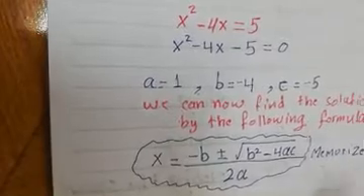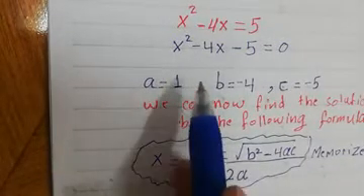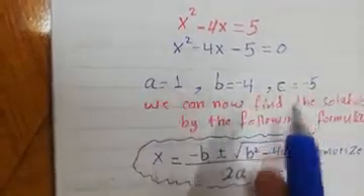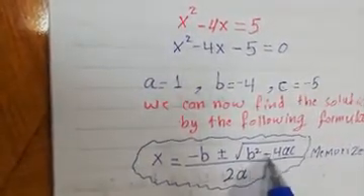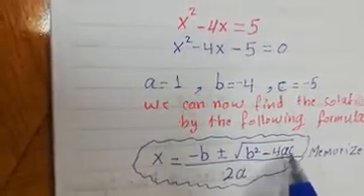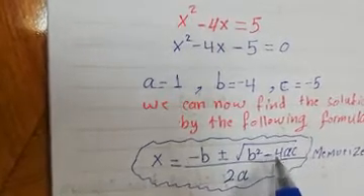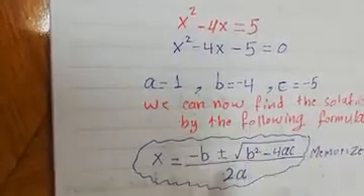Okay. Now we will replace each of these coefficients by the numbers which are here. By the way, this expression, b squared minus 4ac, we call the discriminant of the quadratic formula.